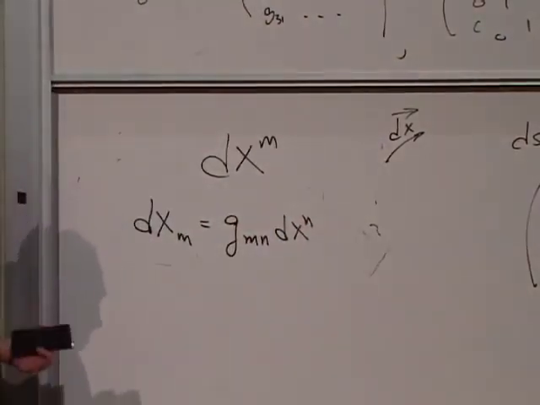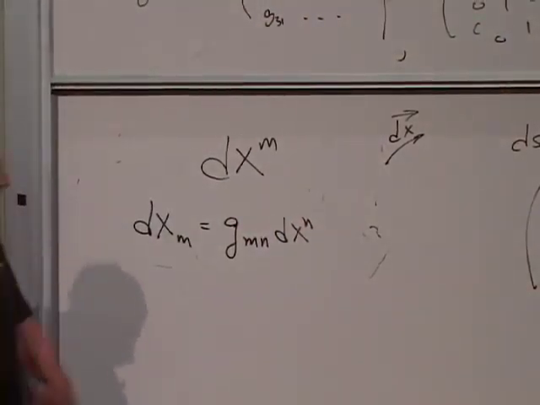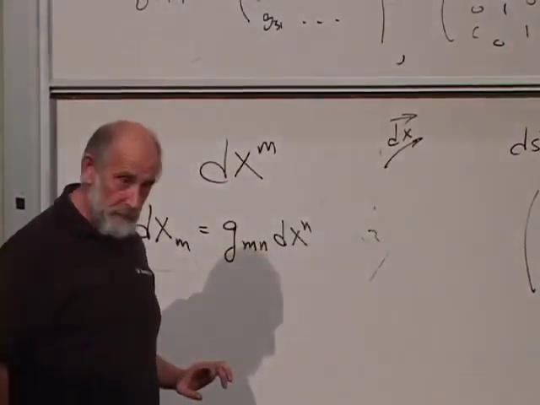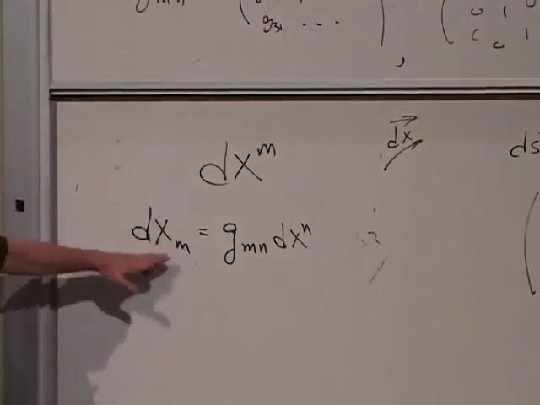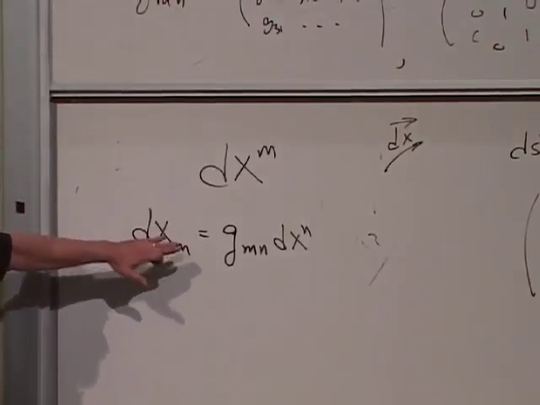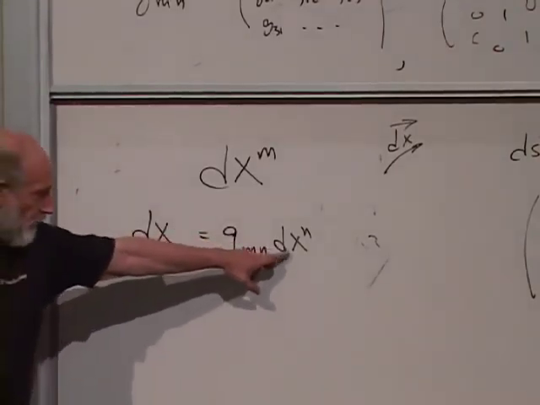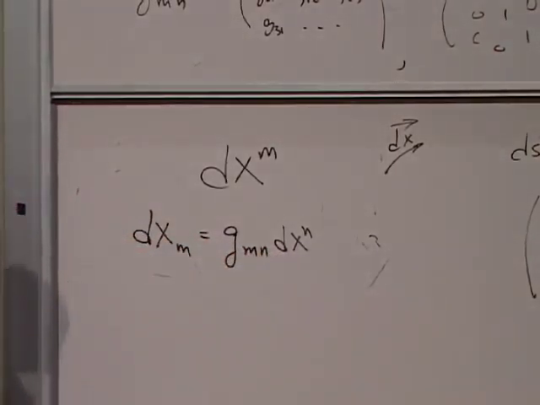The natural thing to define to start with is the contravariant components. Those are just the little intervals dx. But then nothing prevents you from constructing the covariant version of the same object. And this is the way you would do it.